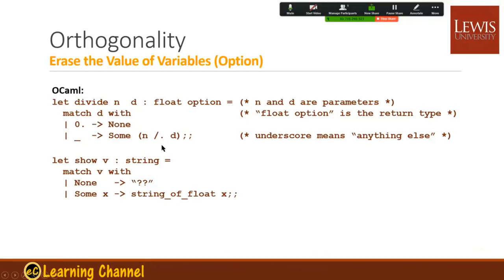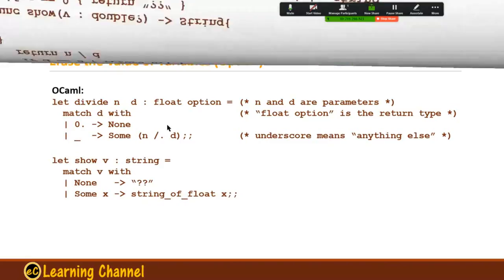Otherwise, you provide Some of x integer-divided by d. That's a division. And show v string, matching v as a string. If there's None, we print a question mark. That's when we have division by 0. Otherwise the Some case will perform string of float. So this will help you print out the division.